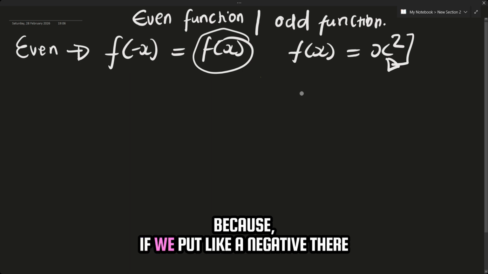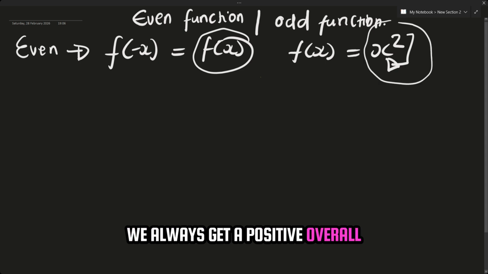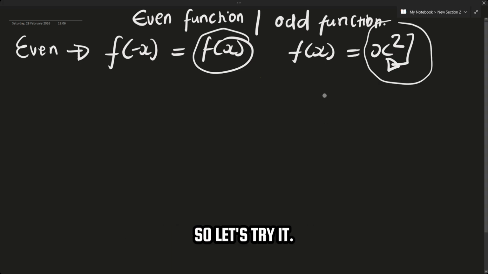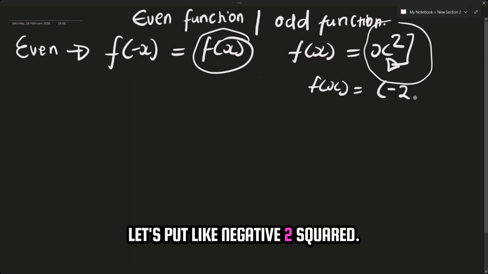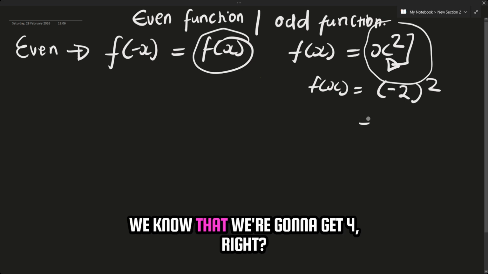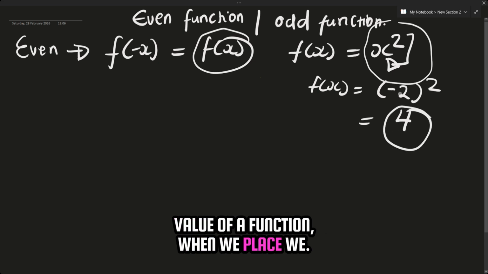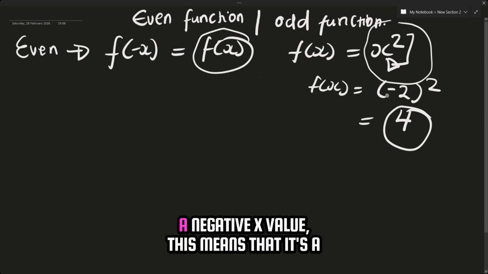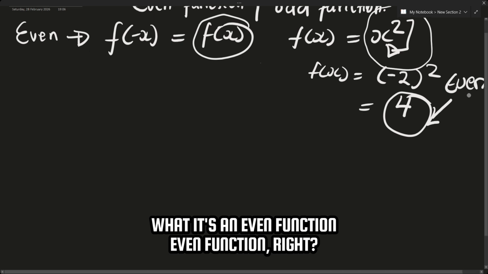Because if we put a negative on x, we always get a positive overall value of the function, right? So let's try it. If f of x is equal to, let's put negative 2 squared, we know that we're going to get 4, right? Because we got a positive value of the function when we substituted a negative x value, this means that it's an even function.